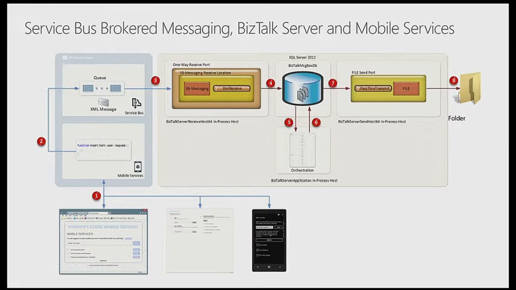Still, it's a hybrid loosely coupled solution. With BizTalk 2013 and the Service Bus adapter, you place a message in the queue or consume a message from the queue. And in mobile services, you expose custom APIs which send and receive messages from the queue. Again, pretty straightforward, and building native apps and HTML5 apps with mobile services is pretty much straightforward.